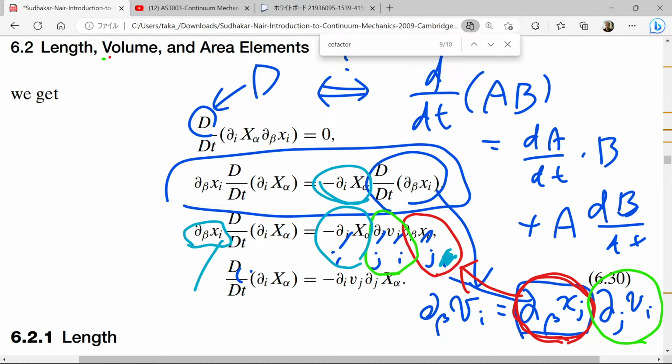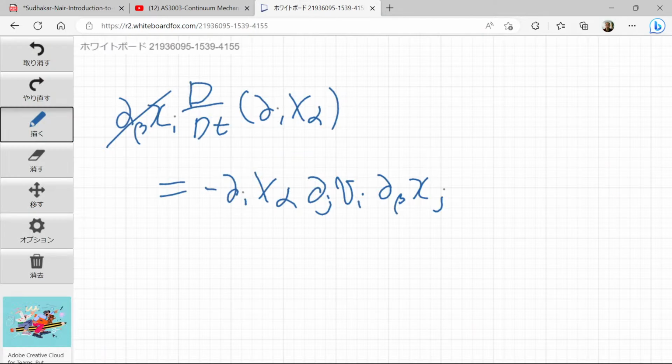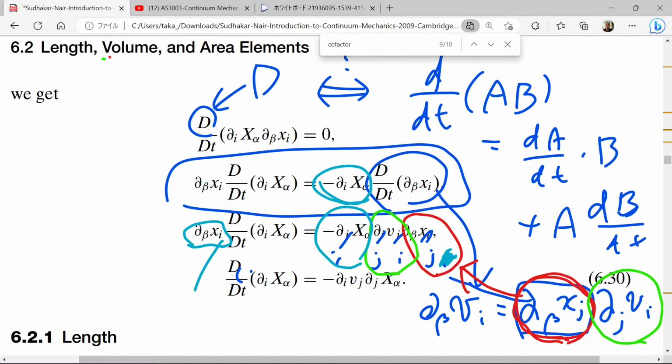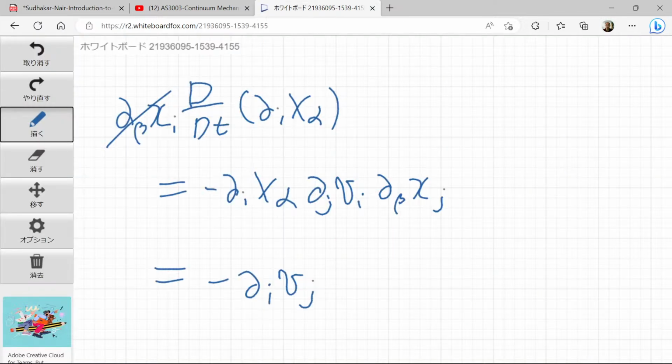partial i v_j, partial i v_j. It's not even i. And partial j x alpha. I don't know why you can do this.